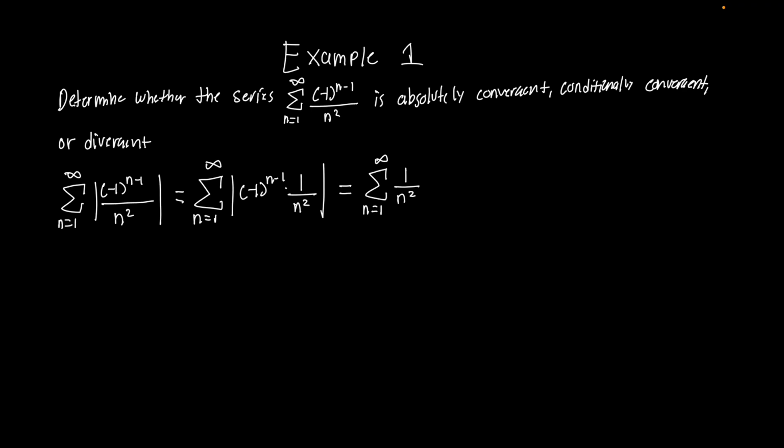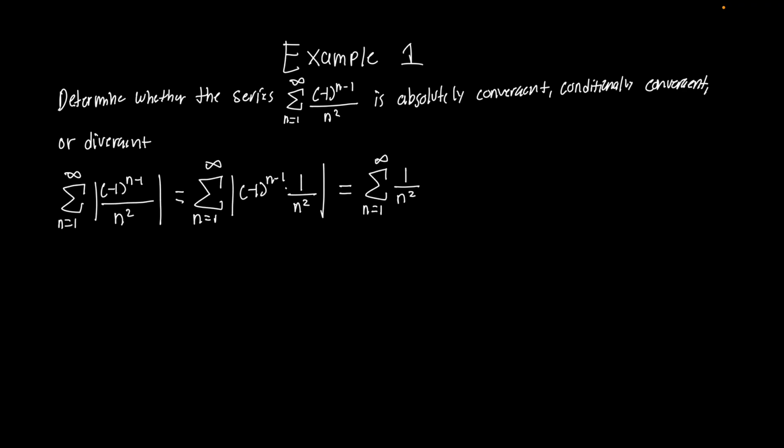Now, if you want, you can plug in a few numbers, like n equals 1, 2, 3, 4, and see that without the absolute value signs you get 1 over 1 squared minus 1 over 2 squared and so on. But when you remove the signs, it'll just be 1 over 1 squared, 1 over 2 squared, and so on. So when you take the absolute value, it just becomes 1.